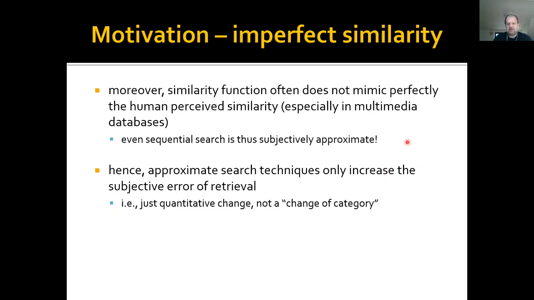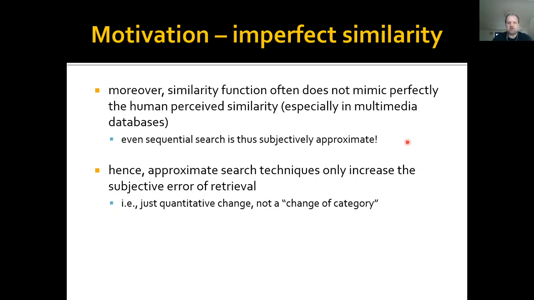But we already said that making approximate search from exact search is not some disaster, because we already start with imperfect models. Similarity is imperfect, it's just similarity.